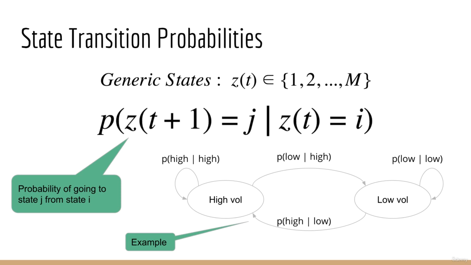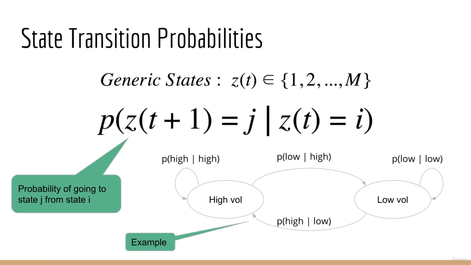Note that in general, these probabilities are called state transition probabilities. Without considering any specific examples, we can say that our states are represented by the indices 1 up to M. Then, we can say that the probability of going from state i to state j is p of z at time t plus 1 equals j, given z at time t equals i.